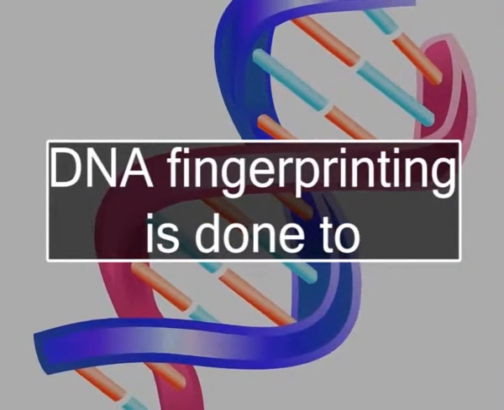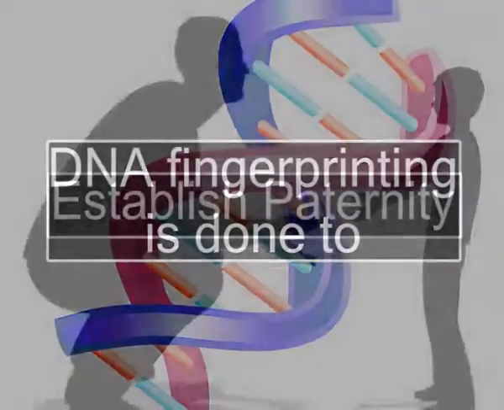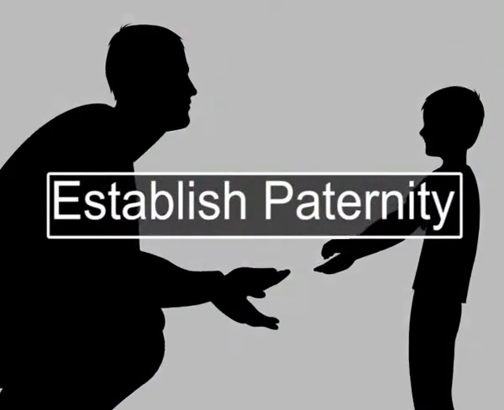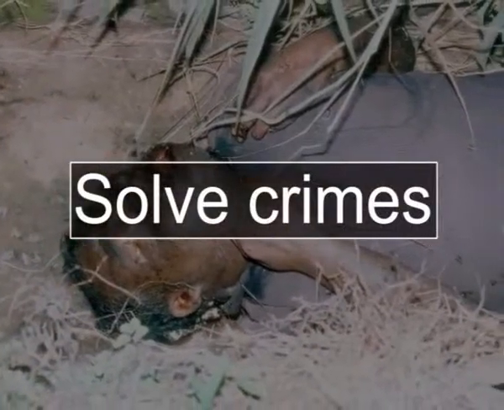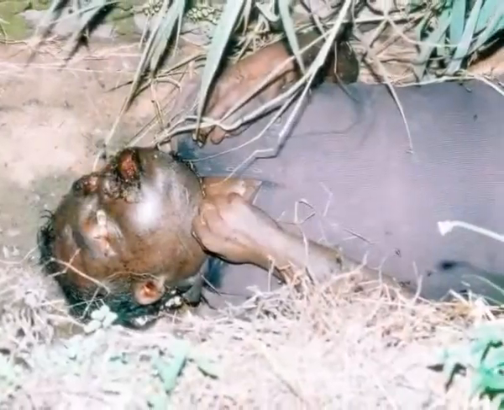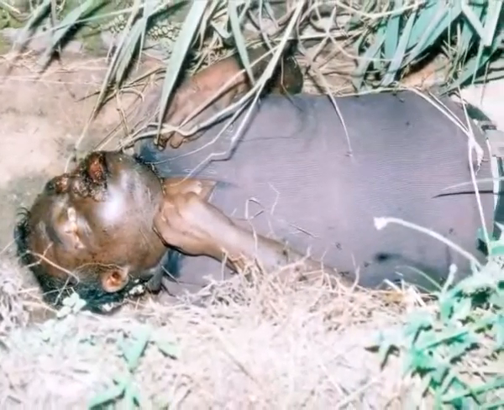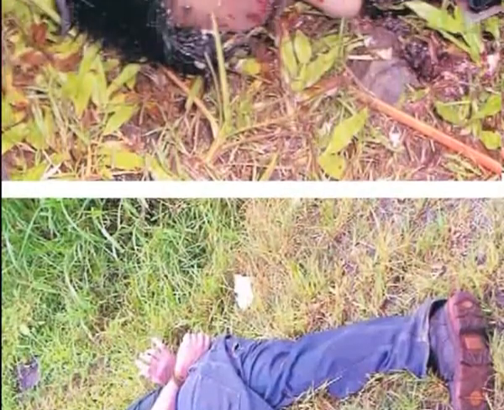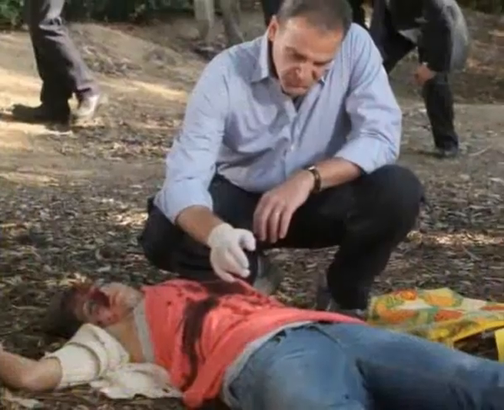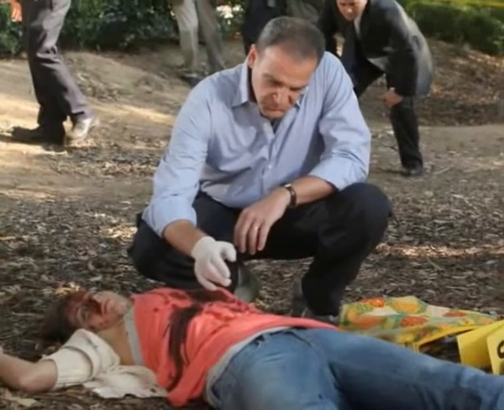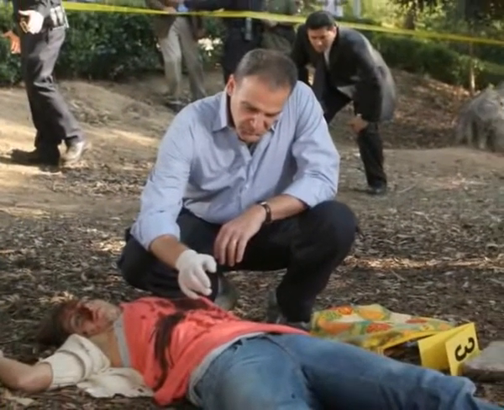DNA fingerprinting is done to establish paternity. This test may be used to identify the parents of babies who are swapped at birth, solve crimes. Blood, semen, skin, or other tissue left at the scene of a crime can be analyzed to prove whether the suspect was or was not present at the crime scene.